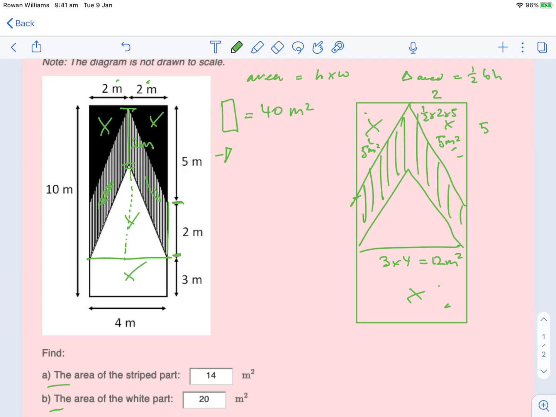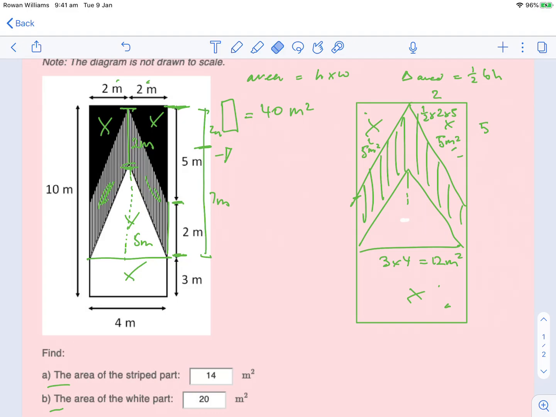Now that makes it a little bit easier to calculate, because from here to here, this distance was 7 meters. So if I chop 2 off that, from here to here it has to be 5 meters. So now I've got this triangle that's 5 meters high, and it is 4 meters across the bottom.